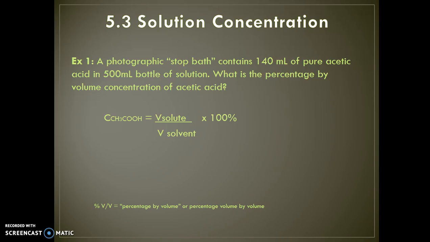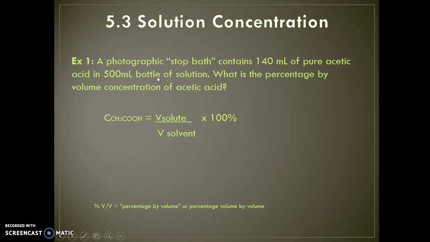The formula I can use for this is the concentration percent volume per volume, based off of percentage by volume. So I take the volume of the solute over the volume of the solution. The volume of the solute is this 140 milliliters of acetic acid, so that goes on the top. On the bottom is the 500 milliliter bottle of solution.